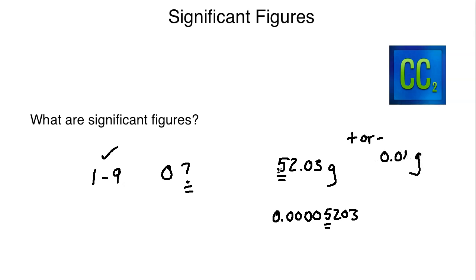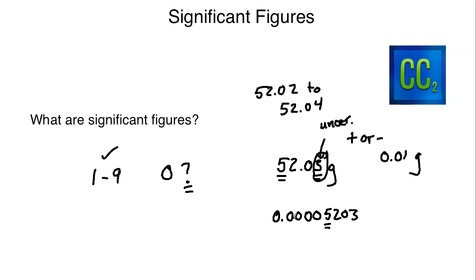Well, in that case, we're saying if the scale says 52.03 grams, this is the degree of uncertainty that is found in this measurement, because it could be anywhere between 52.02 to 52.04. So anytime we see this last digit, that's called the digit of uncertainty, or the measurement of uncertainty, the degree of uncertainty, etc. And that is where we cut off our significant figures.